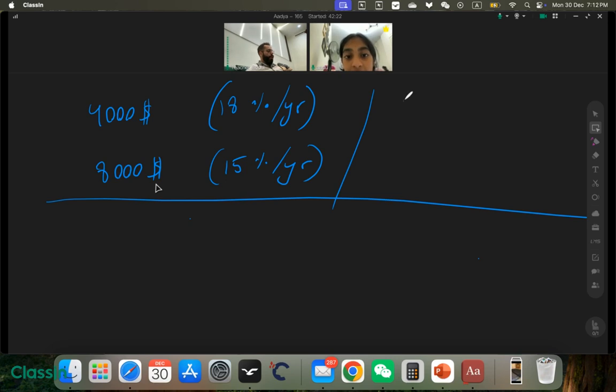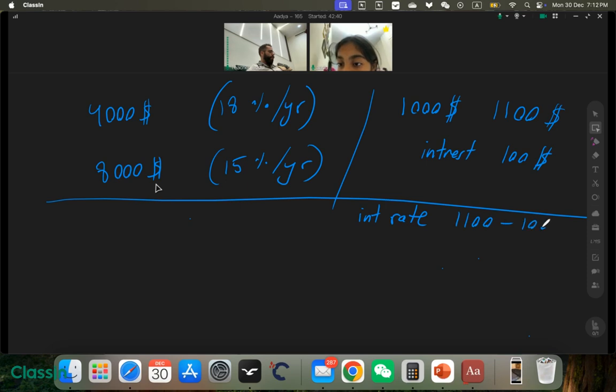When you take $1,000 from the bank and you're paying back $1,100, the interest is the $100. So if I want to calculate the interest rate, what do I do? 1,100 minus 1,000 over 1,000. New minus old over old.